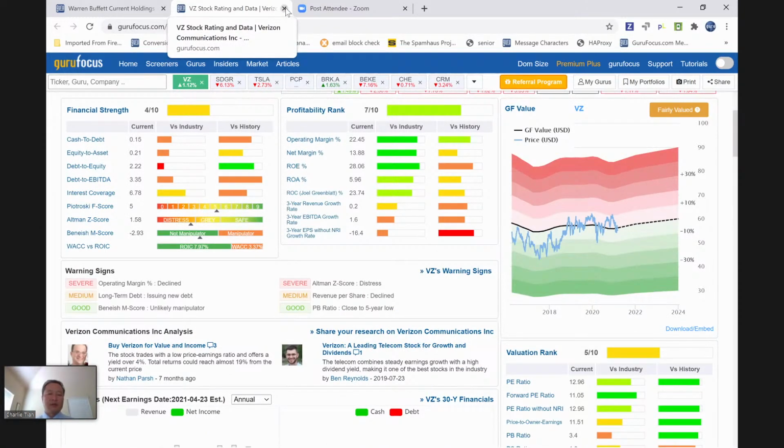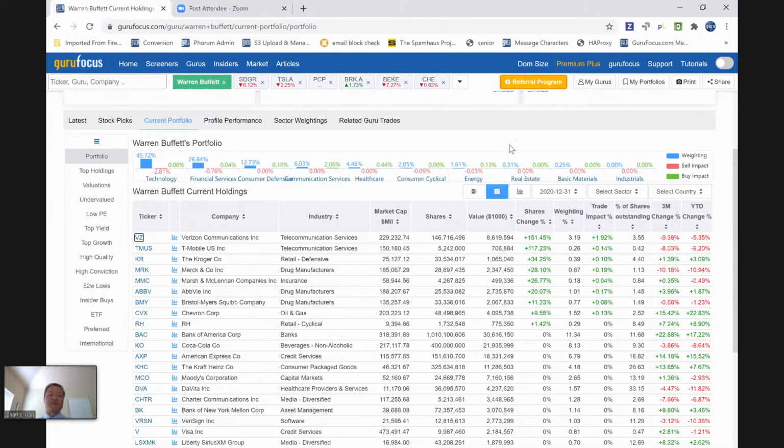So what I'm thinking is, of course, Warren Buffett is a traditional investor. He rarely invests in the hot technologies, but still he's buying very low valuation companies. Another one, for instance, is Kroger.